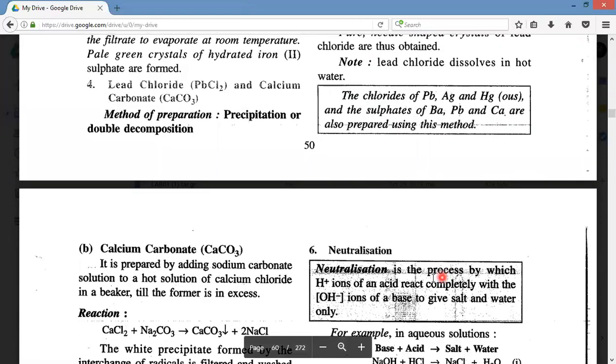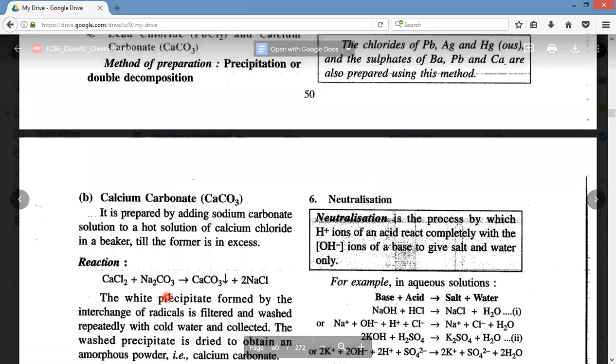Next process, that is of calcium carbonate.